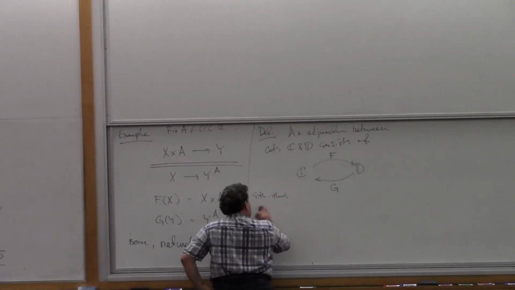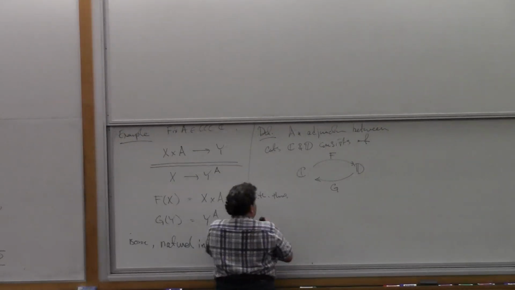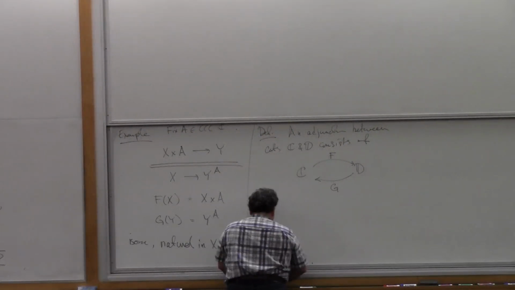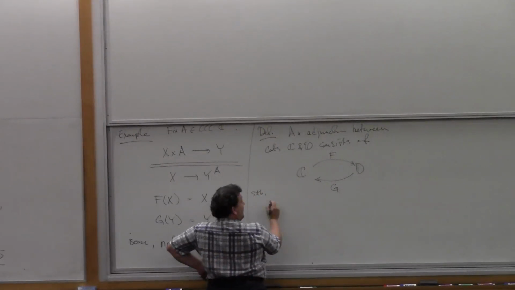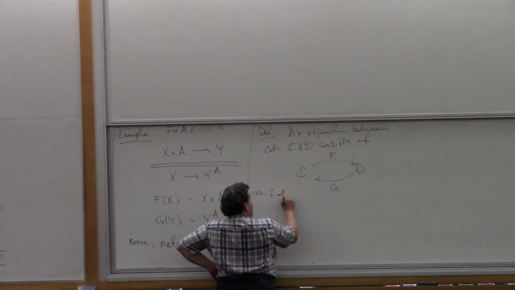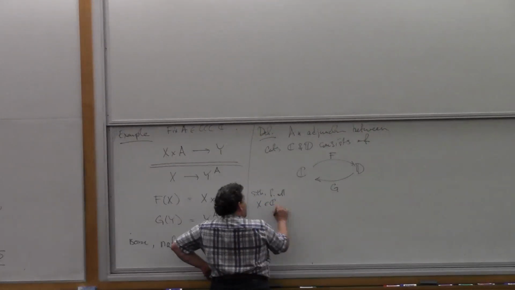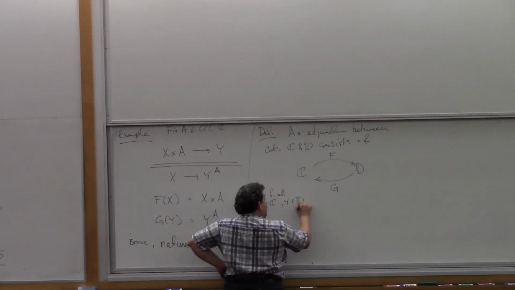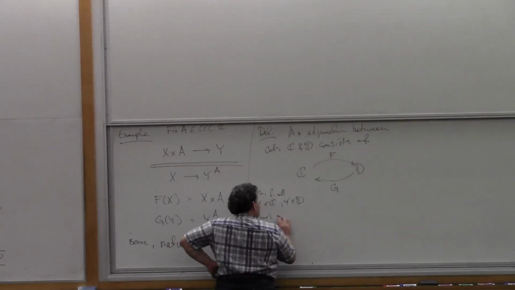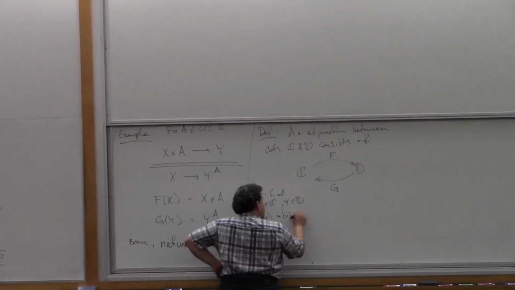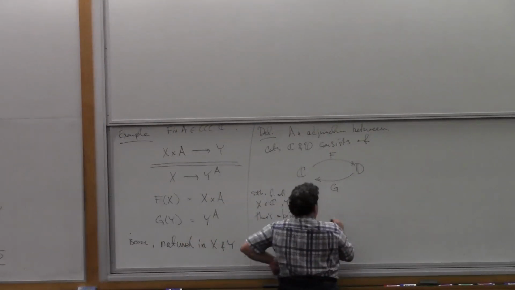Such that, wait a sec, don't write things down until I've finished because I might change it. I'm making this up as I go along, you know. Such that for all x in C, y in D, there's a bijection, well, of exactly this form.